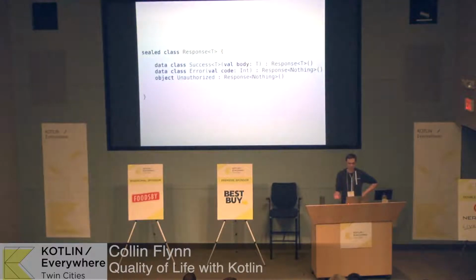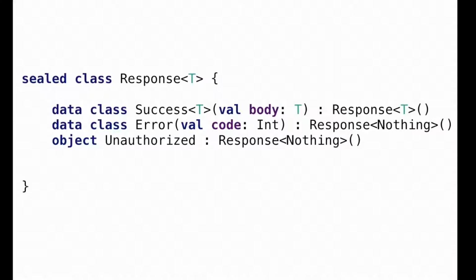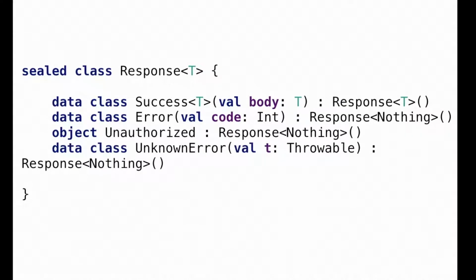It says unauthorized. There's no fields on it. It doesn't include some parameter that would lend any more information, but it's kind of everything you would need to know to prompt the user to log in again. So it's just declared as an object with nothing else on it. And it's always a response of type Nothing again. Finally, maybe just a catch-all for unknown errors, pass in a throwable.